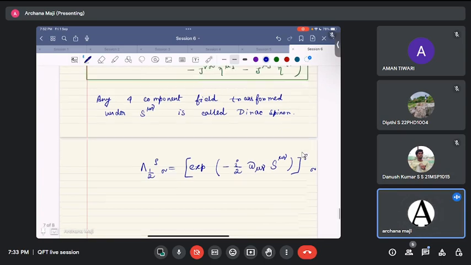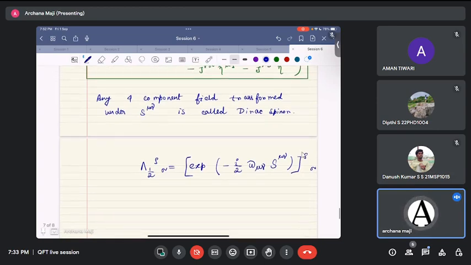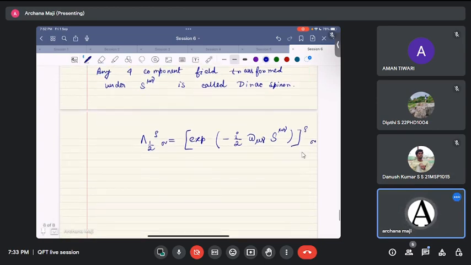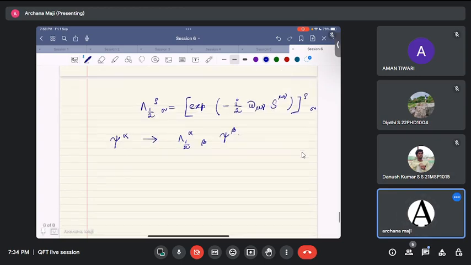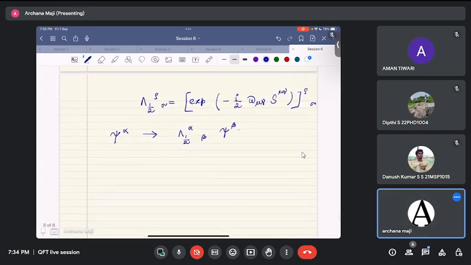Yeah, so what I was saying is any 4-component field transformed under S mu nu is called a Dirac spinor. So the Dirac spinor would transform as lambda half alpha beta psi beta. Okay. And so this is also x dependent.